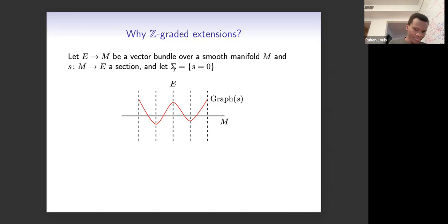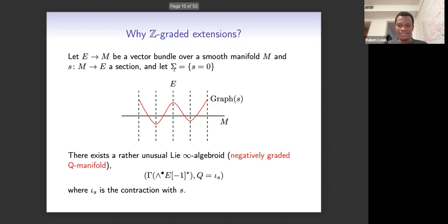So we got this closed subset, but you can associate to that zero locus a kind of Q-manifold, but this is very unusual in the sense that it is negatively graded. It is not an NQ-manifold as in the definition.